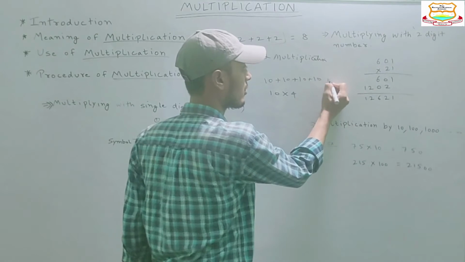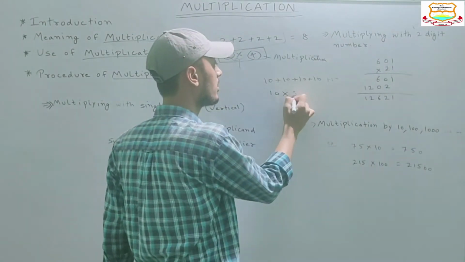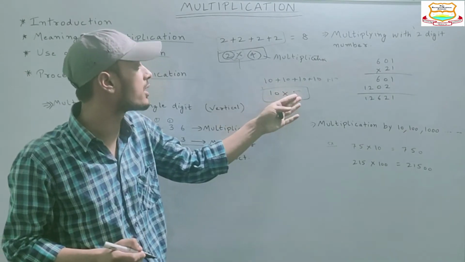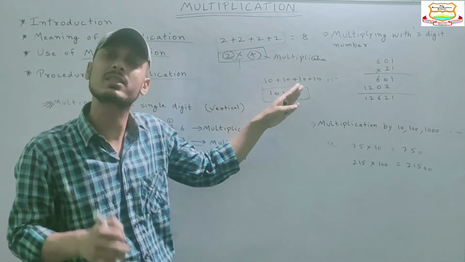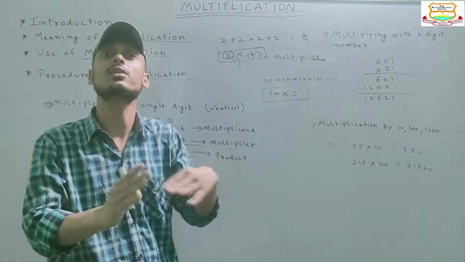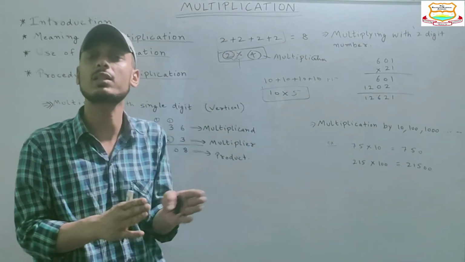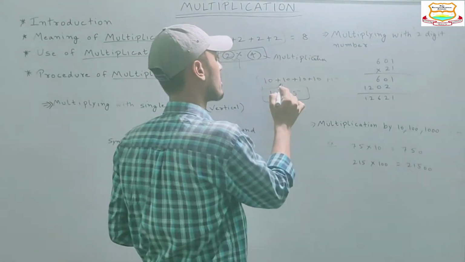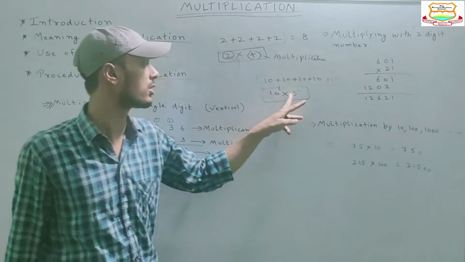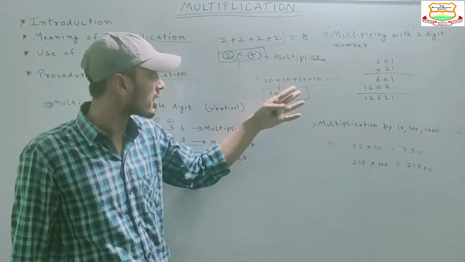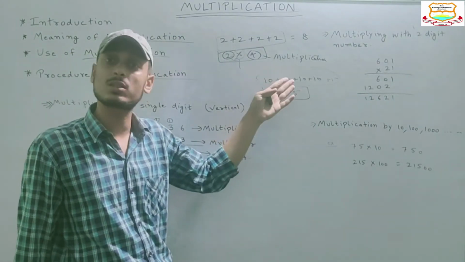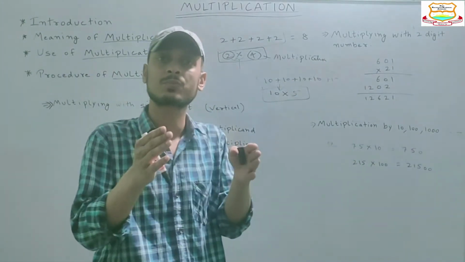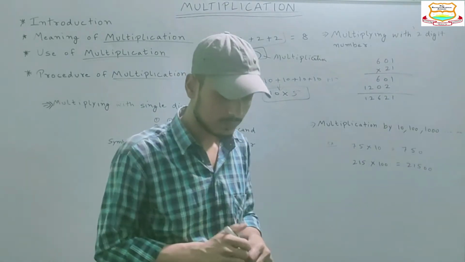Multiplication is nothing but a different form of addition. It is addition only, but in a different form. We can write this whole process as this one. Indirectly, multiplication shows addition of some particular digits.